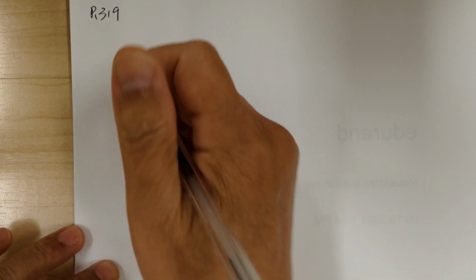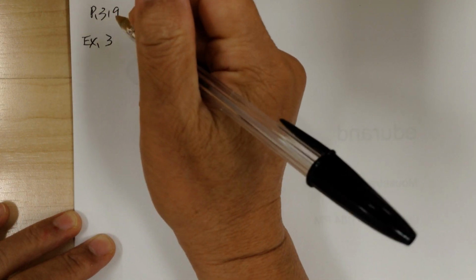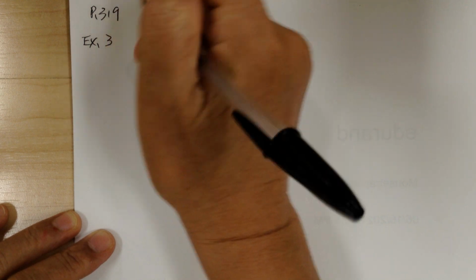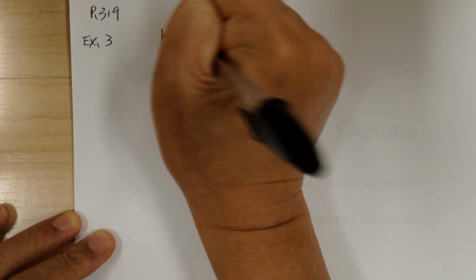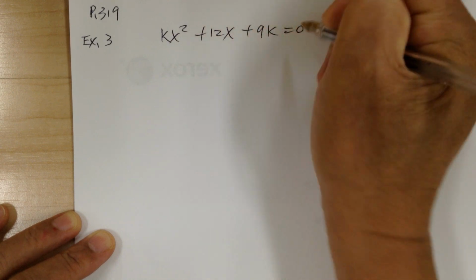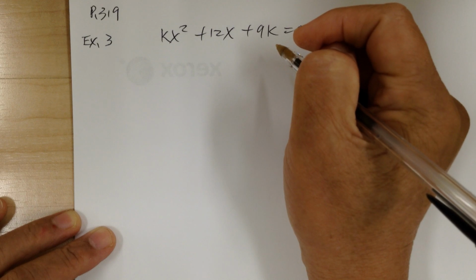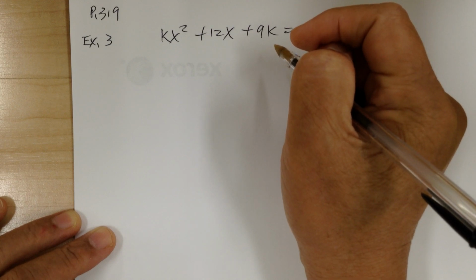So let's go to example 3. In example 3, you have kx squared plus 12x plus 9k equal to 0, and you want to find what value of k will give you a real double root.